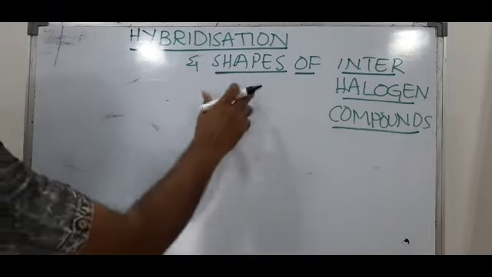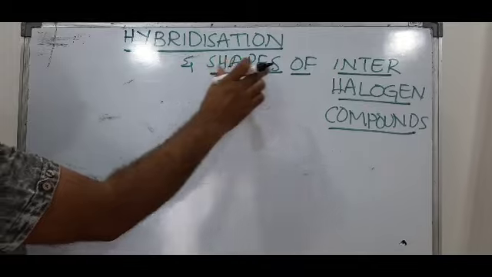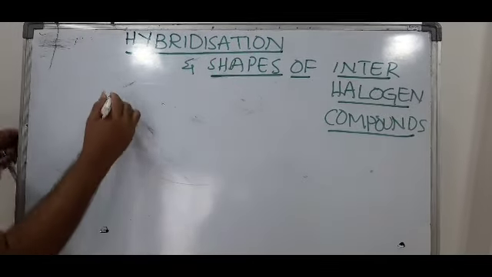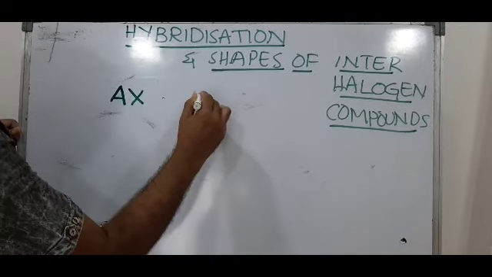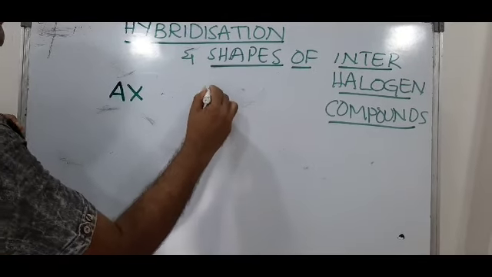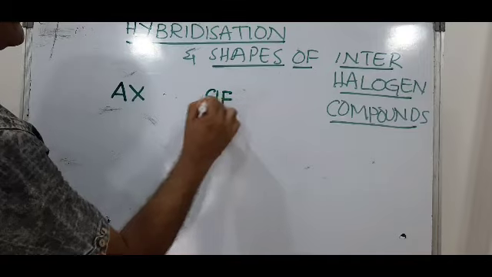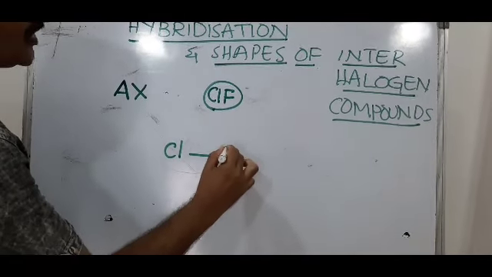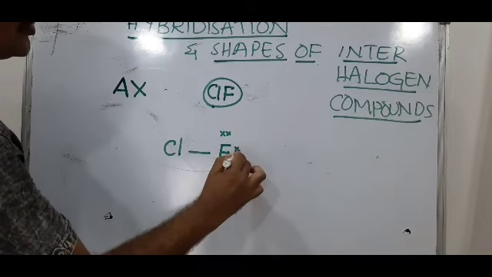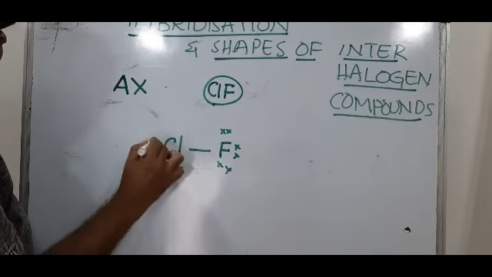Students, now I am entering into the hybridization and shapes of interhalogen compounds. First I am taking an AX molecule, and especially I will take ICl or ClF. Here only one bond is present between chlorine and fluorine, and fluorine has 3 lone pairs and chlorine also has 3 lone pairs.